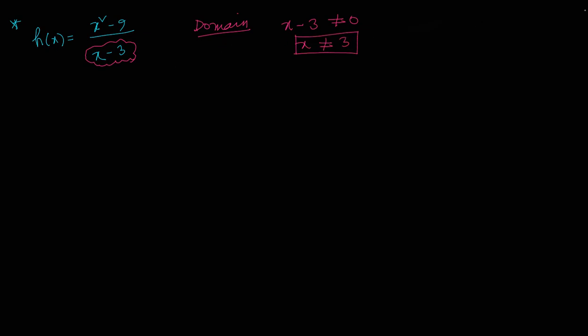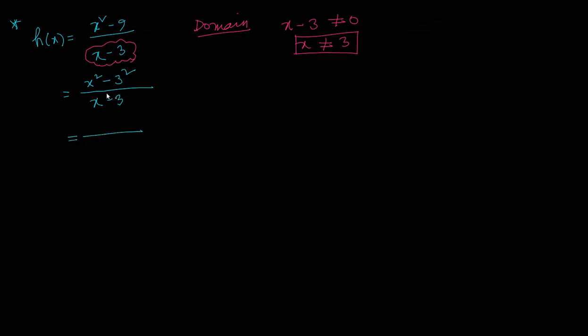Now let's simplify. As you can see, my numerator is x squared minus 9, which is x squared minus 3 squared, and the denominator is x minus 3.